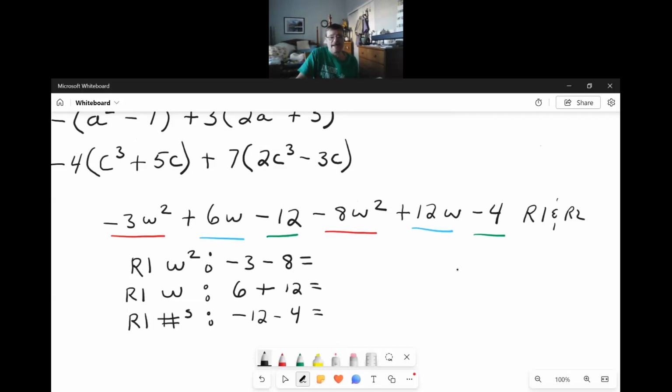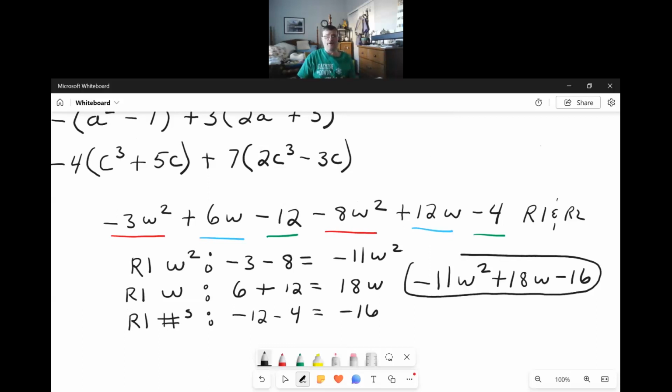All right. Negative 3 minus 8, add them up. Minus 11, keep the sign you're working with. Negative 11w squared. 6 plus 12 is 18w. Negative 12 minus 4 is negative 16, number by itself. Putting it all together in a horizontal, negative 11w squared plus 18w and minus 16.